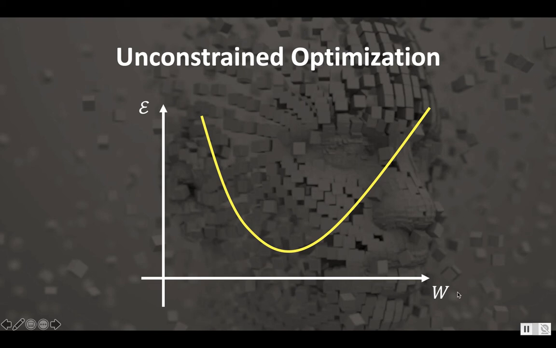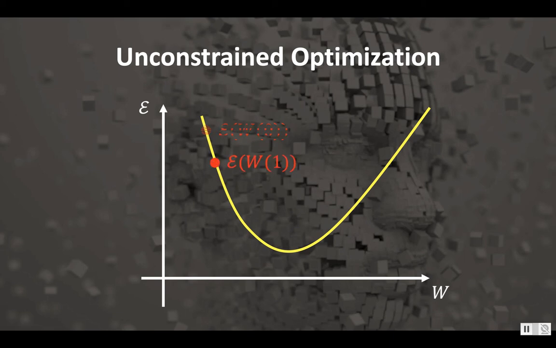W is the synaptic weight, and as we adjust it, we see the output of the cost function. At the very beginning, we give an arbitrary weight to the synaptic weight, and we get its cost function. This is the output of the cost function, epsilon W0, where 0 means the initial guess or initial weight.